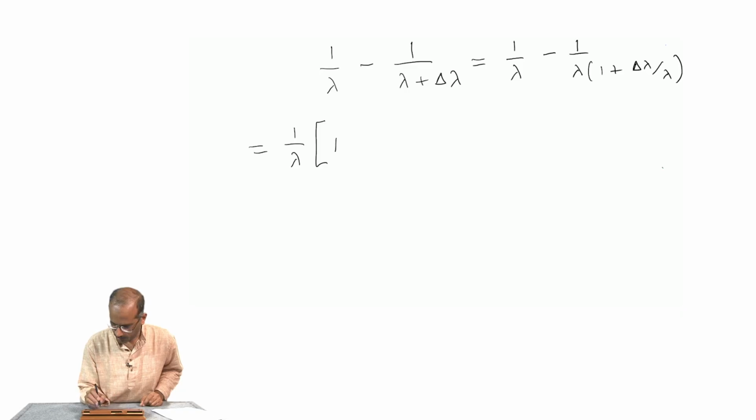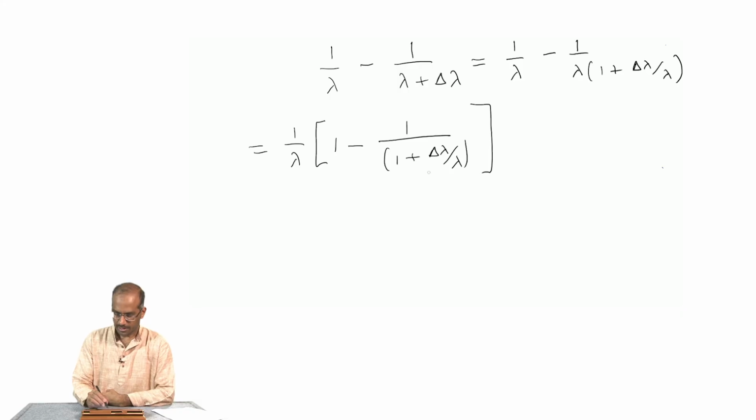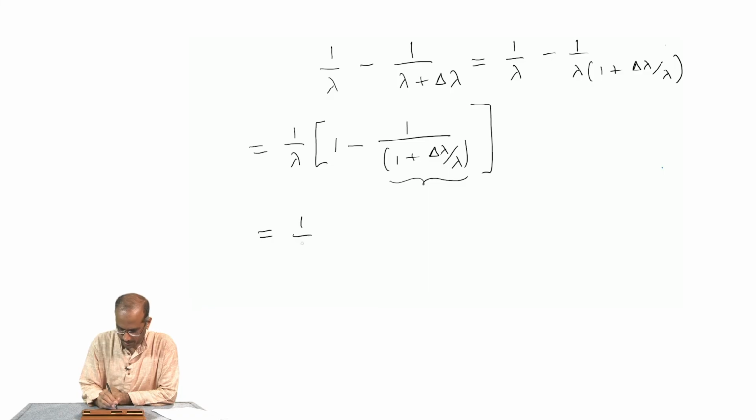So, that is going to be 1 minus 1 by 1 plus delta lambda by lambda, and this one can be taken in the numerator with the power minus 1. So, that is going to be 1 by lambda into 1 minus (1 plus delta lambda by lambda) whole to the power minus 1.